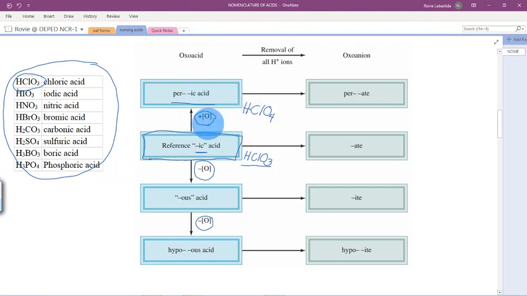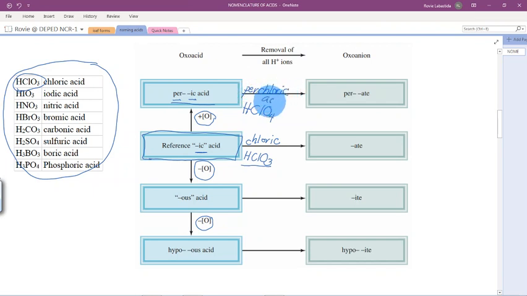Now, from chloric acid, it will become perchloric acid. So again, from chloric, an addition of one oxygen in the formula will change the name into perchloric acid.